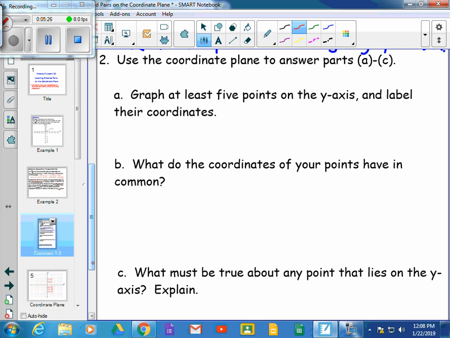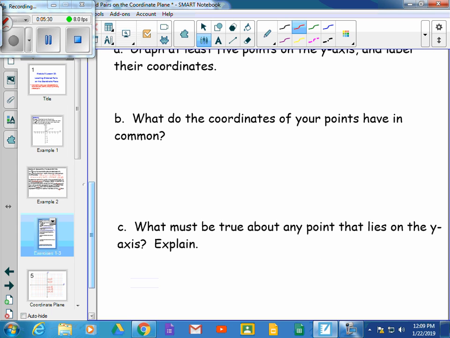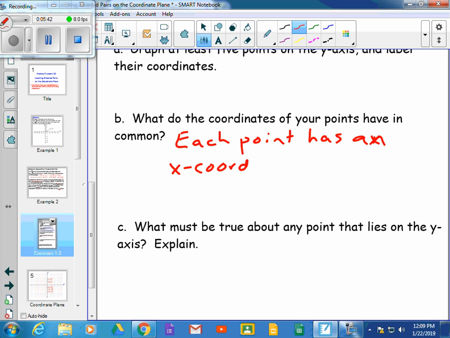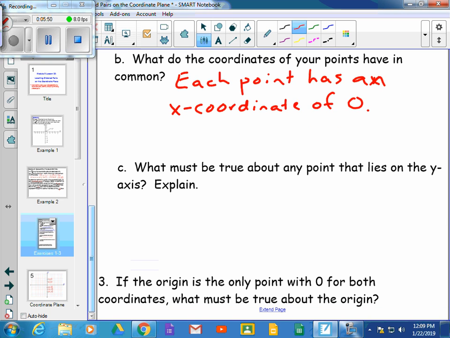Now question B says, what do all the coordinates of your points have in common? You should have said each point has an x-coordinate of 0. And then letter C, what must be true about any point that lies on the y-axis?